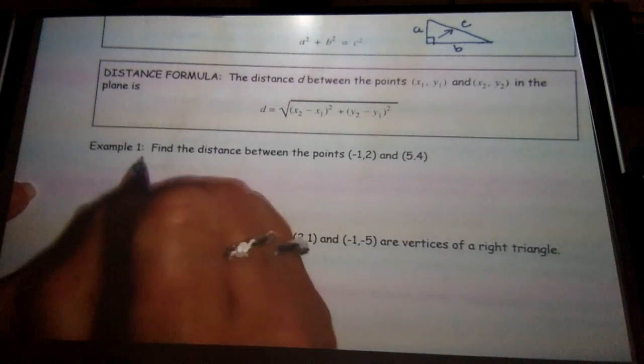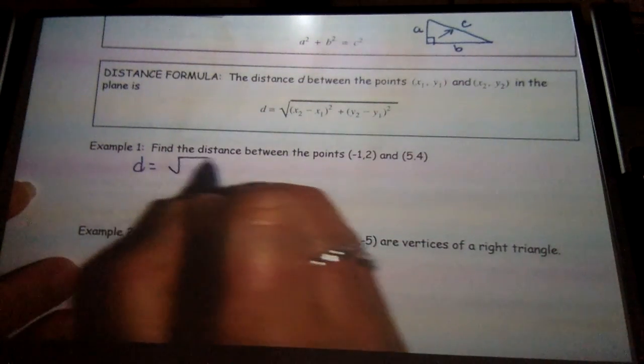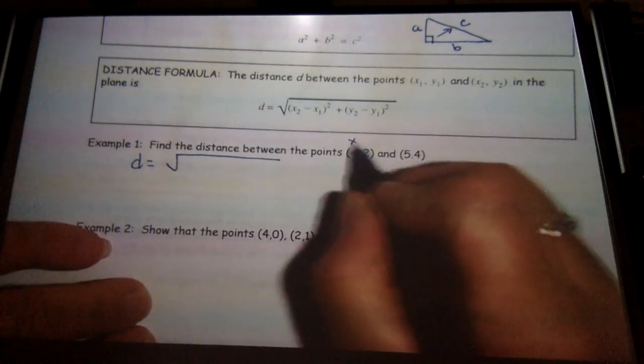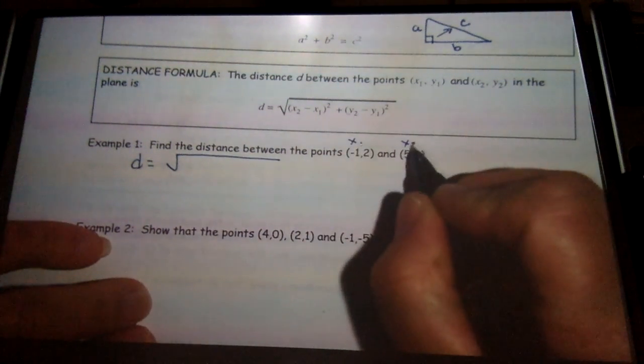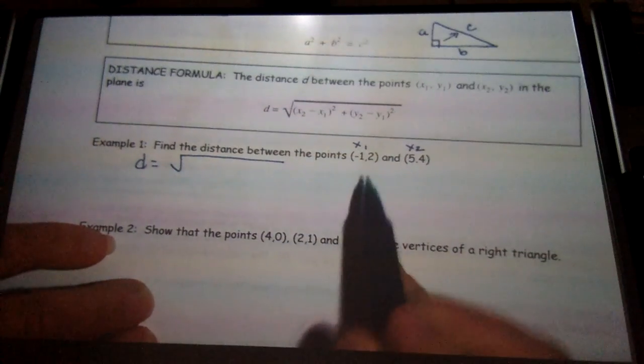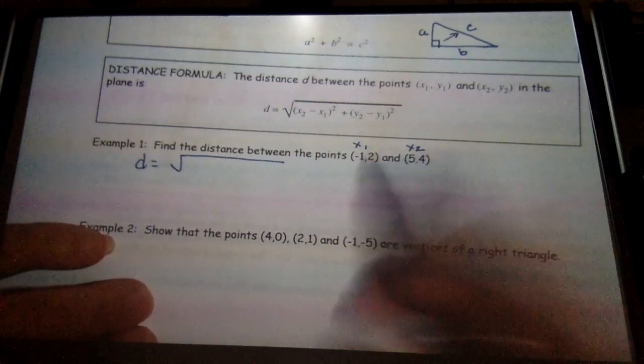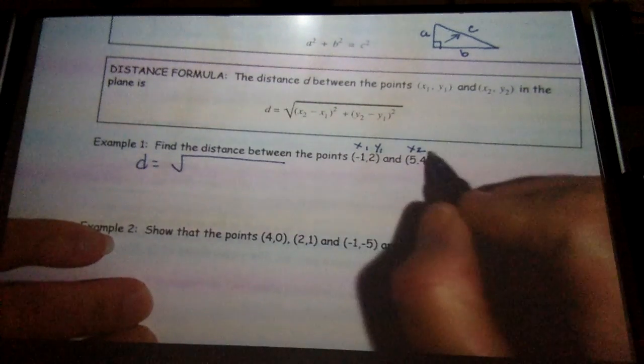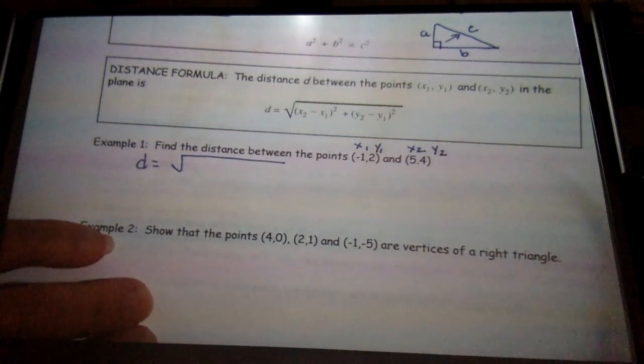So where do I find my x values in an ordered pair? The first one. And if I label the -1 as x1, then the 2 has to be y1, and the 4 has to be y2.